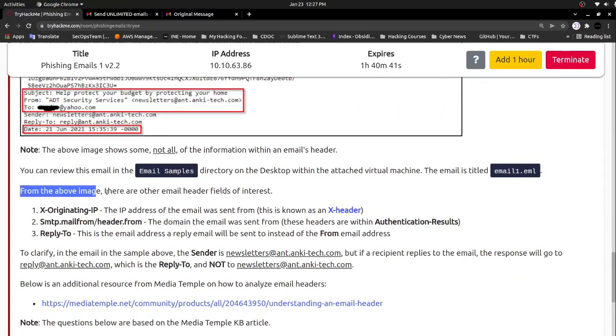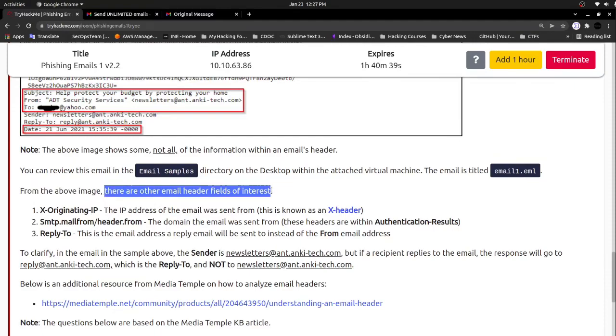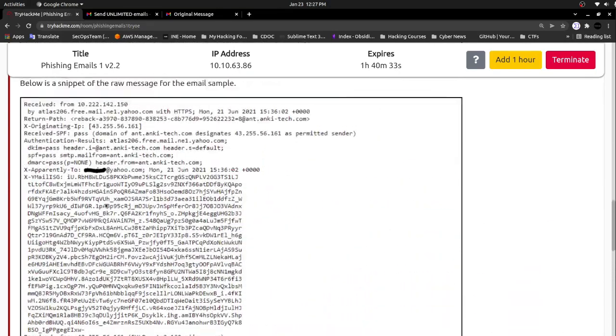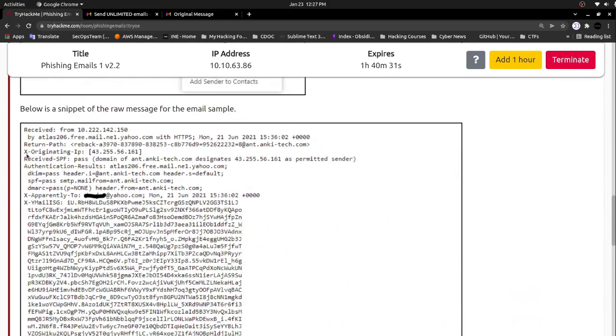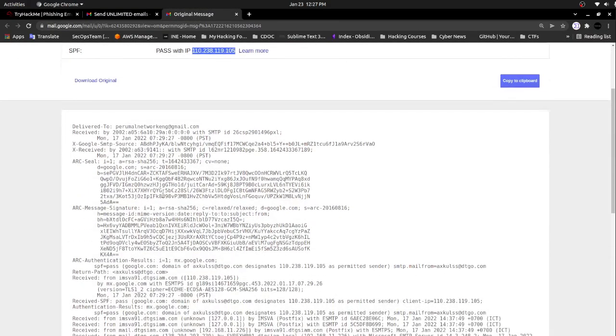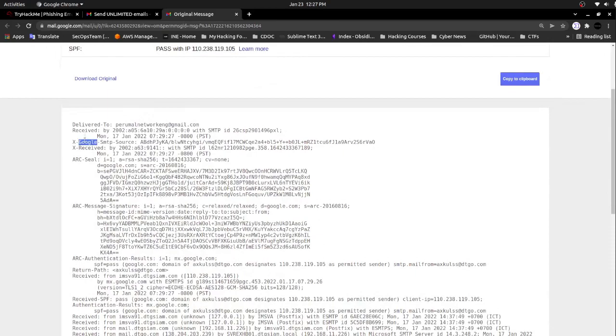So this is the overall original message info, and here in this particular image they gave some more details, which might be intimidating to you, but it is not the real case. If you get to know how to analyze an email header, then it would be easy for you to examine any sort of email.